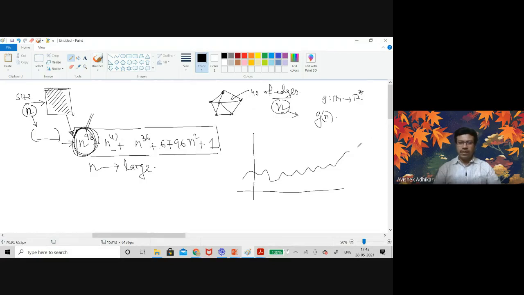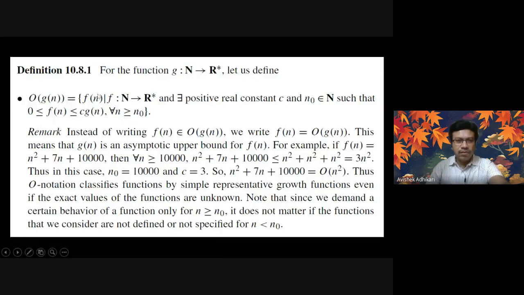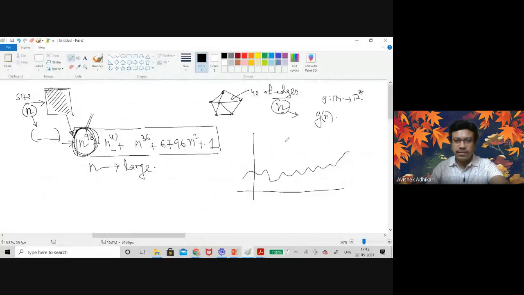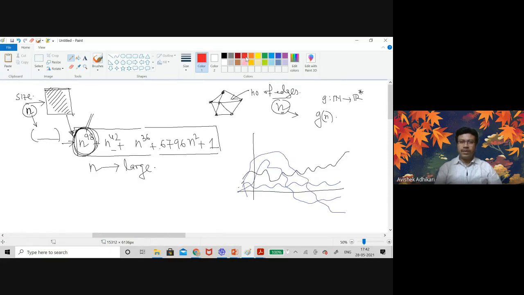What do you mean by this set? This set consists of all such functions f(n). That means all such functions f(n) are a few functions which may be like this, or maybe like this.